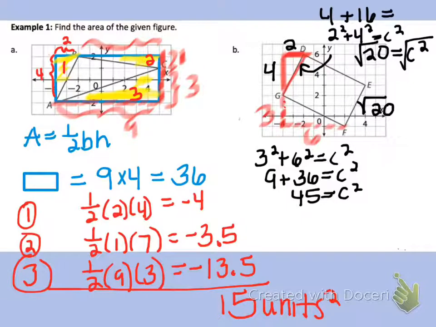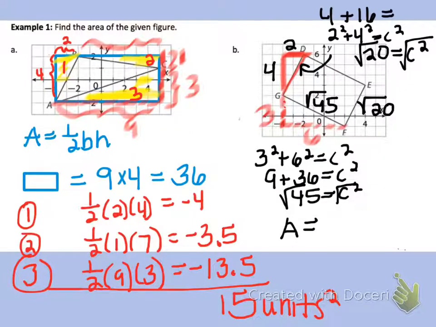And c squared equals 45, so c is the square root of 45. So that means I have 2 dimensions, and neither one of them is a really nice number. But now I could just find the area by using base times height.